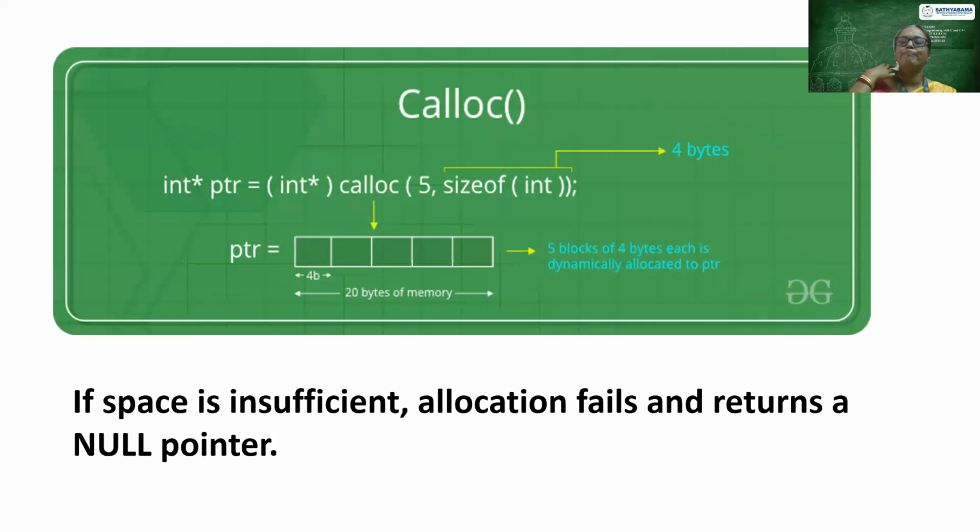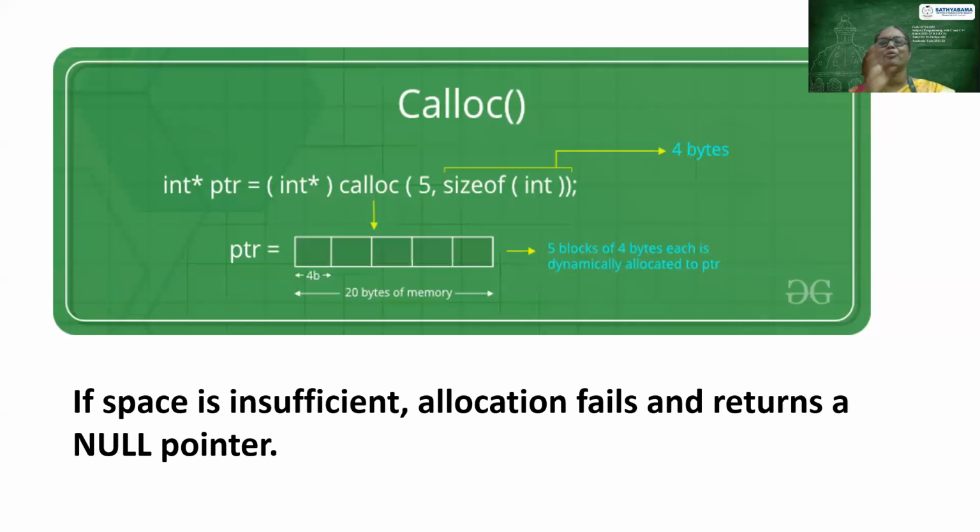That is one of the best differences between calloc and malloc. Malloc will allocate a single block of memory, and calloc will allocate a number of blocks depending on the cast type. You can put a simple diagram to understand.